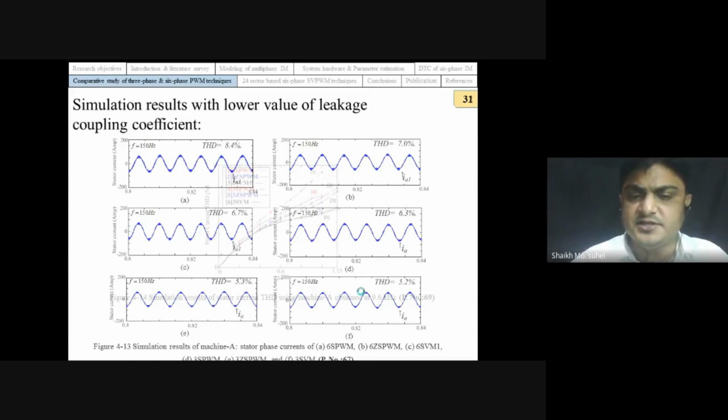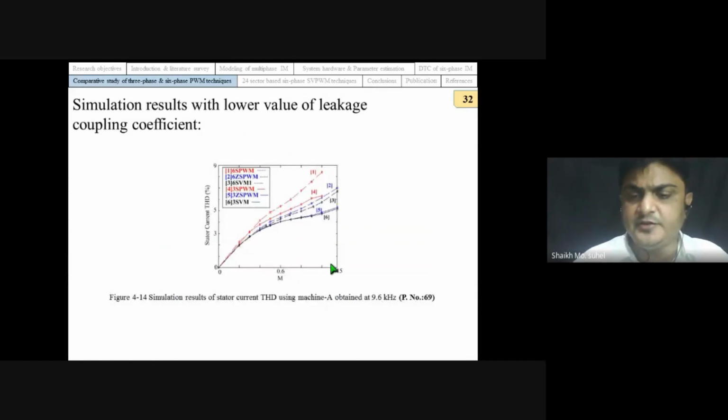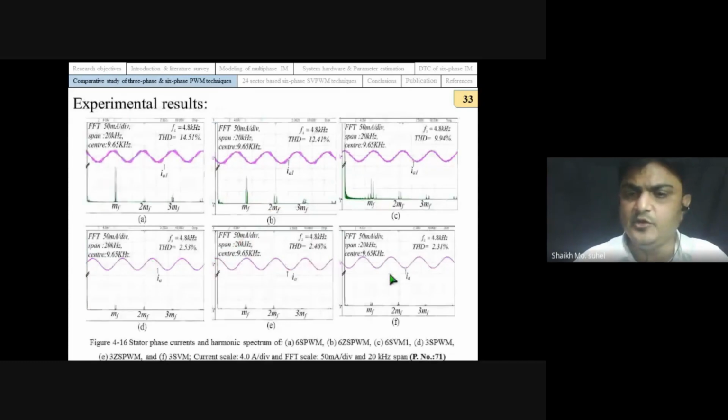These are the simulation results that we obtain at different values of modulation index, or different values of speed. Still, the 3-phase machine has the advantage that it can reduce the stator current distortion. These are the experimental results that we obtain at different speeds, and among them we have represented only one result.